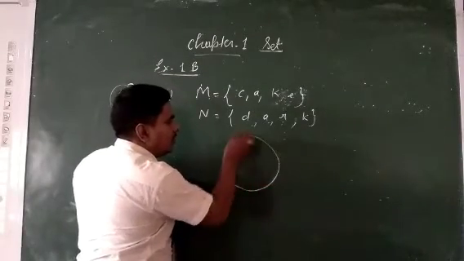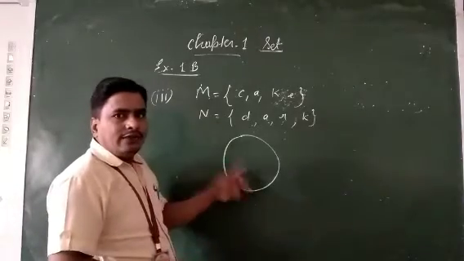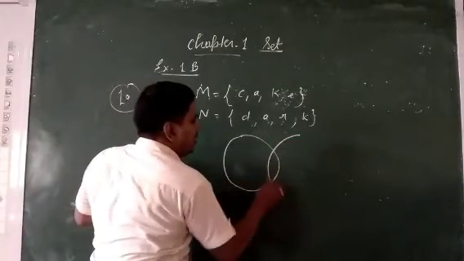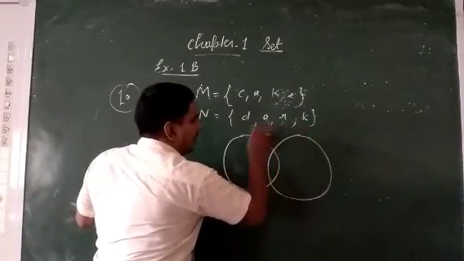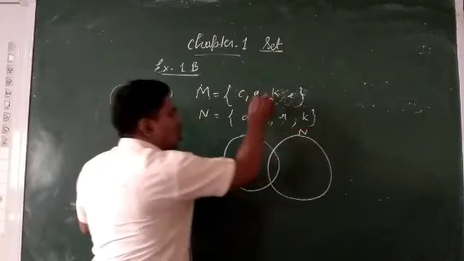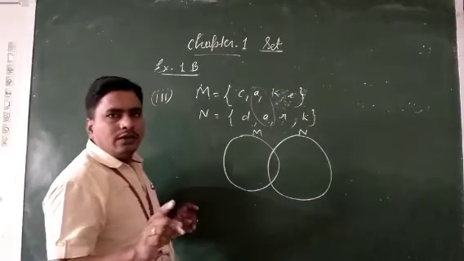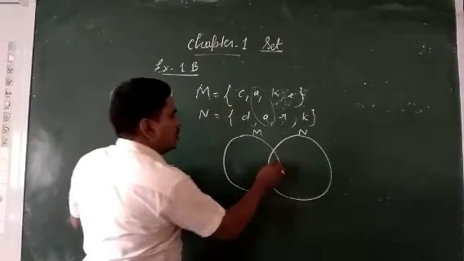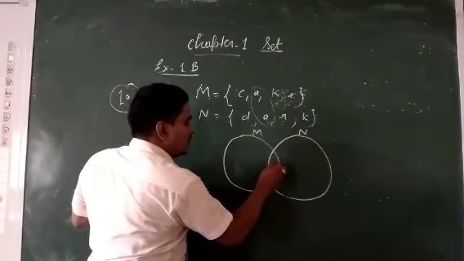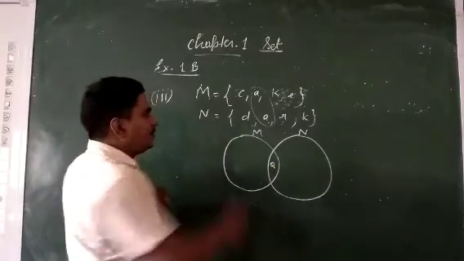See how? First we draw a circle for set M, and then for N. Which element common? Only one. This one element is common. So here in common portion we will write common element.